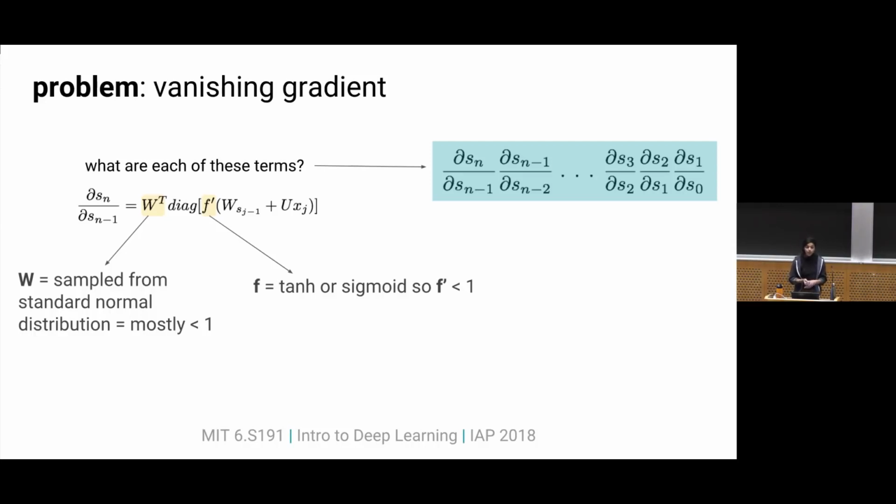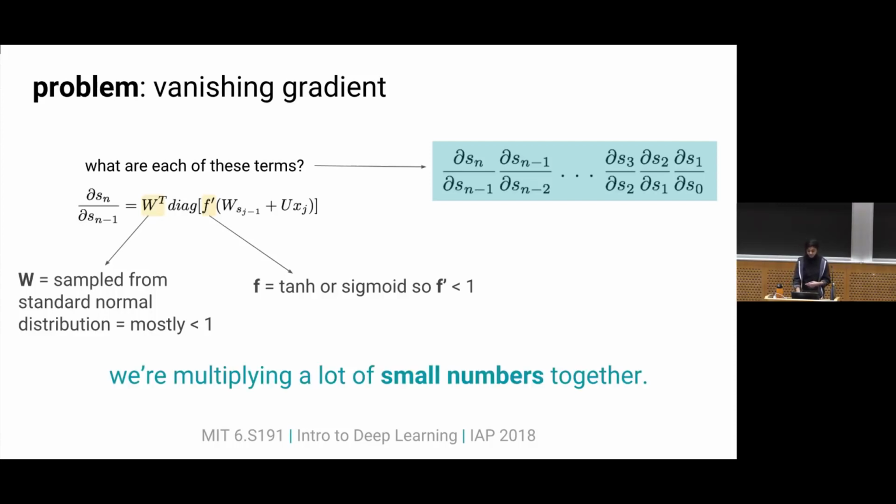These are sampled mostly from a standard normal distribution, so most of the terms will be less than 1. F prime is the derivative of our activation function. If we use an activation function such as the hyperbolic tangent or a sigmoid, F prime will always be less than 1. In other words, we're multiplying a lot of small numbers together in this product.